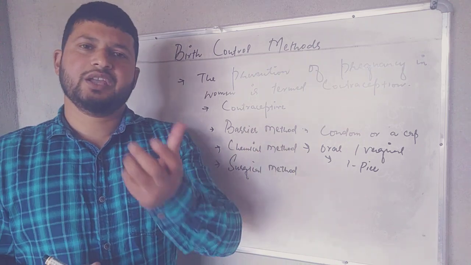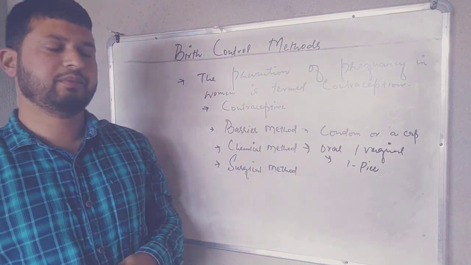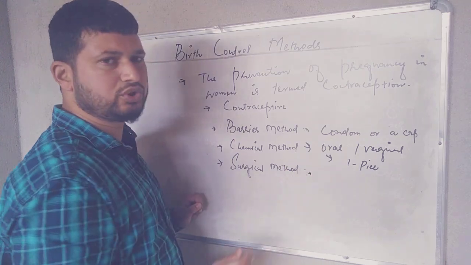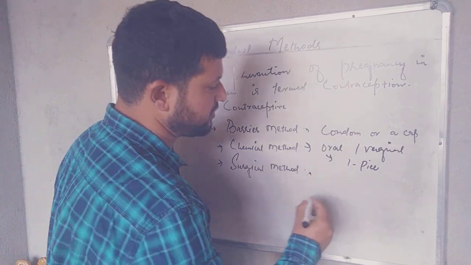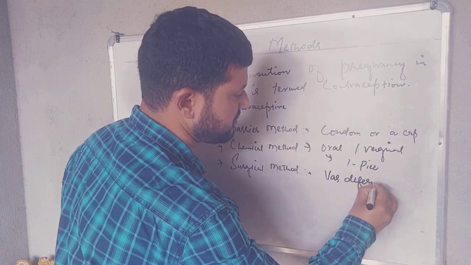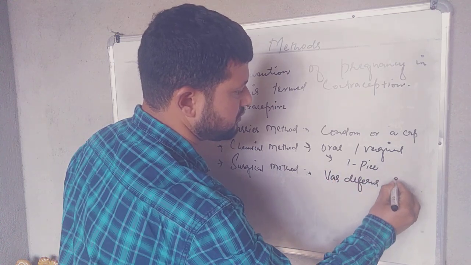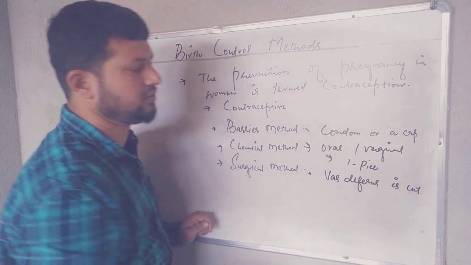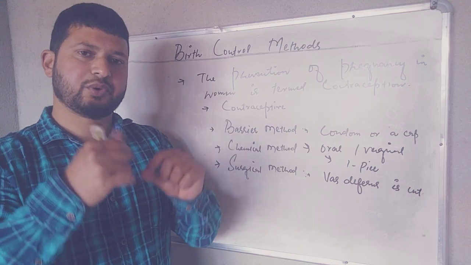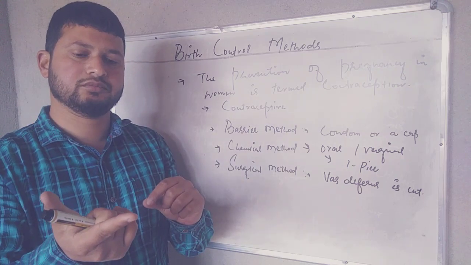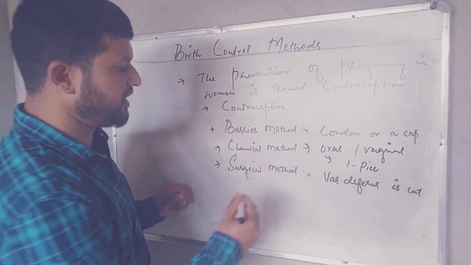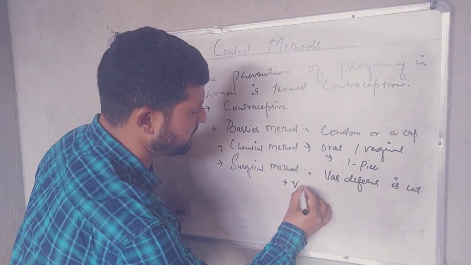Surgical methods can be opted for by both males and females. In males, a small portion of the sperm duct, that's the vas deferens, is cut, and both the ends are tied, thus preventing the sperms from coming out. This technique is termed as vasectomy.